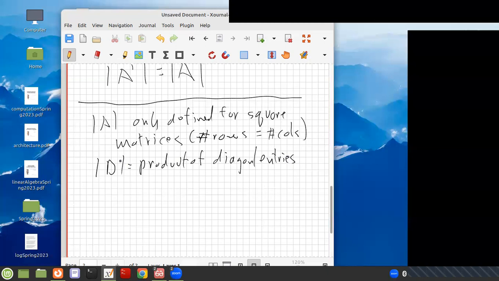And because the row combination operation doesn't change the determinant, and going from echelon form to reduced echelon form only involves row combination, the determinant of an upper triangular matrix also equals the product of the diagonal entries.